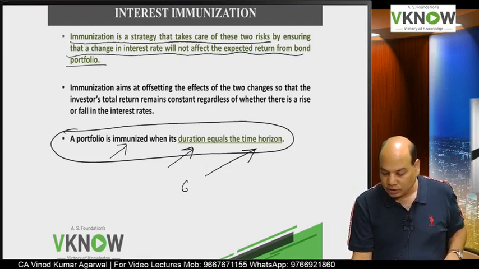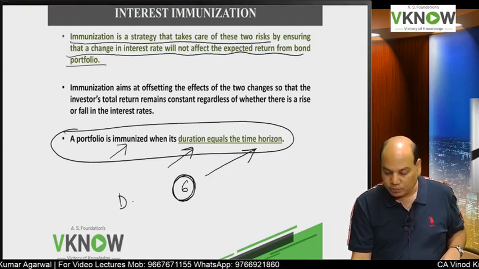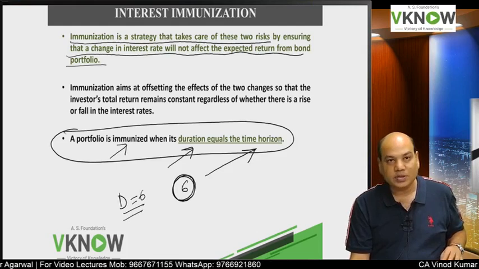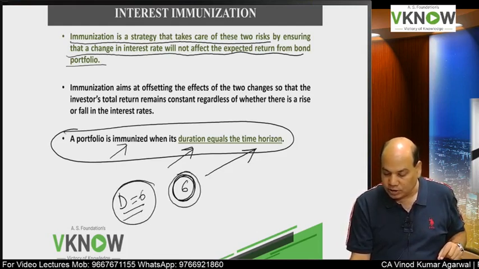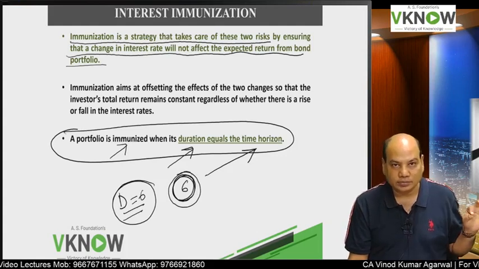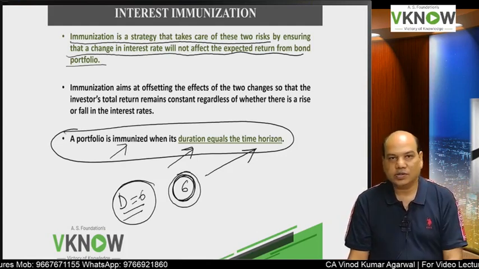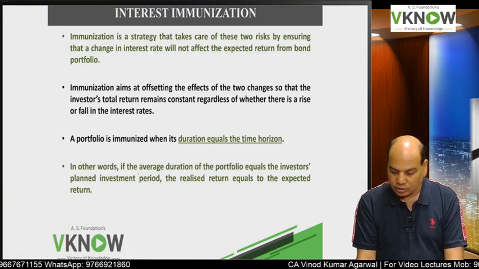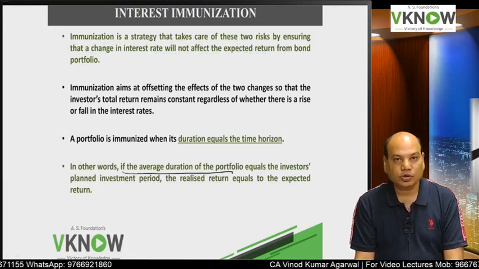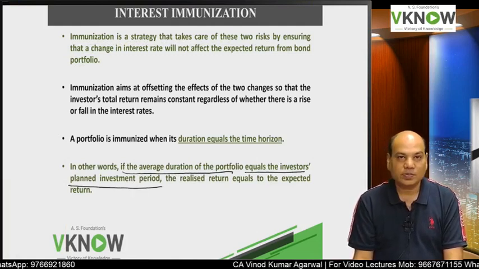It means if I want to hold the portfolio for 6 years, the duration of the portfolio should be 6 years. If the duration of the portfolio matches my desired time horizon, then I am protected from the interest rate fluctuation risk. In other words, the average duration of the portfolio equals the investor's planned investment period.